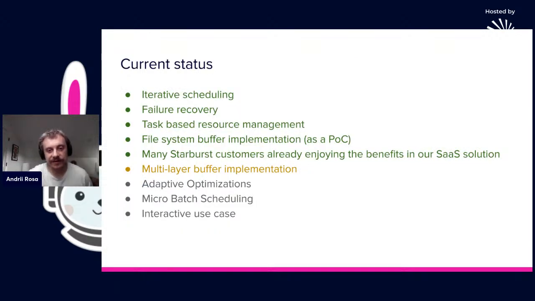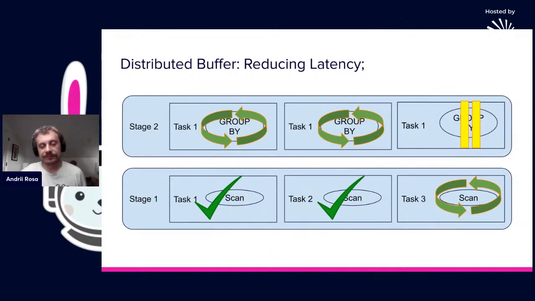Another interesting corner case is this. Let's say you have enough resources in your cluster to run 6 tasks, right? With streaming, Trino would schedule all 6 of them, and all 6 will run in parallel.